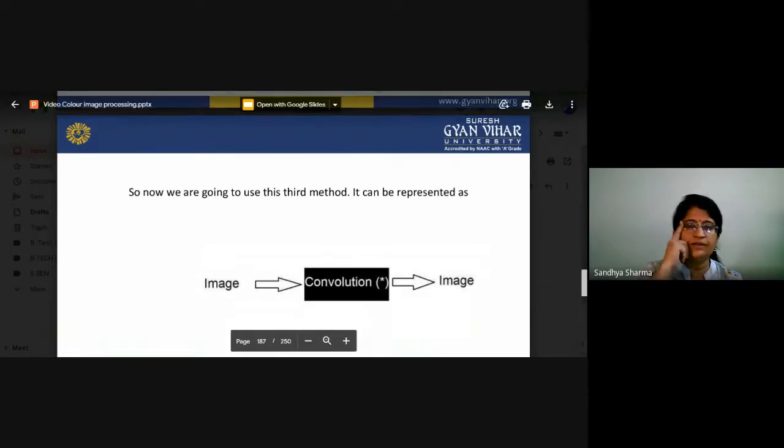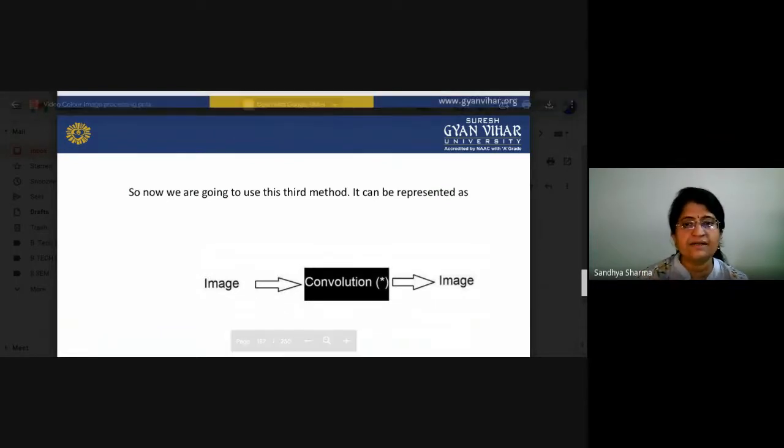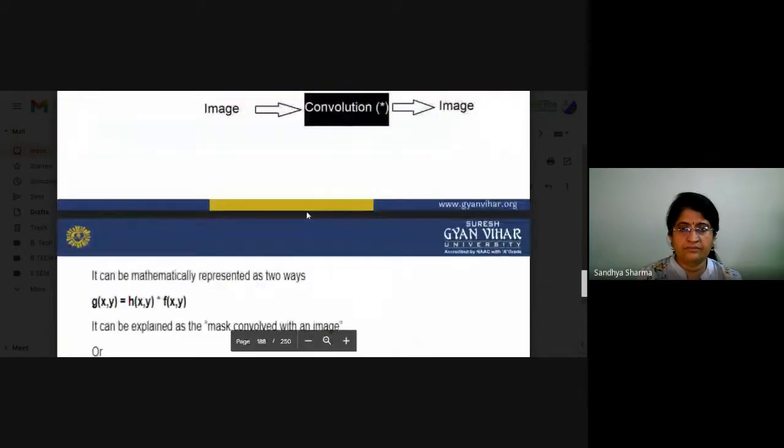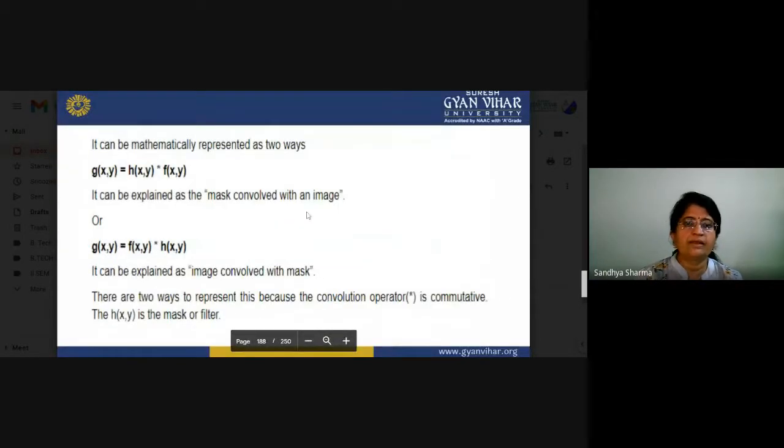So now we are going to use the third method, and that is convolution. We perform the convolution on a particular image, and we receive the output image. It can be mathematically represented as g(x,y) equals h(x,y) convolved with f(x,y).